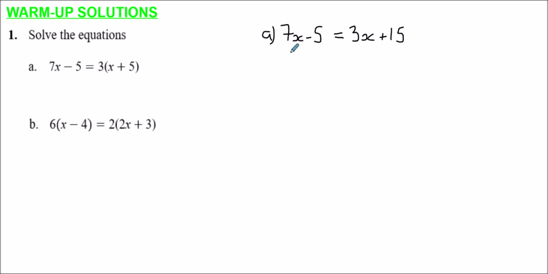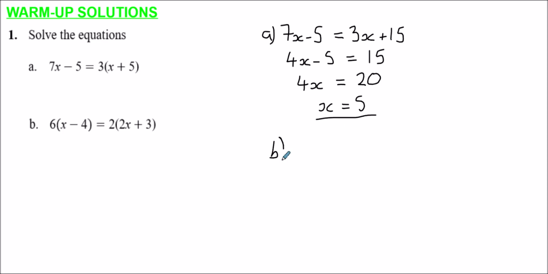Then bring all the x's onto one side, all the constant numbers onto the other. So we can subtract 3x from both sides first, which gives us 4x minus 5 equals 15. Add 5 to both sides, that gives us 4x equals 20. Finally, when we divide by 4, we'll see that x is equal to 5.